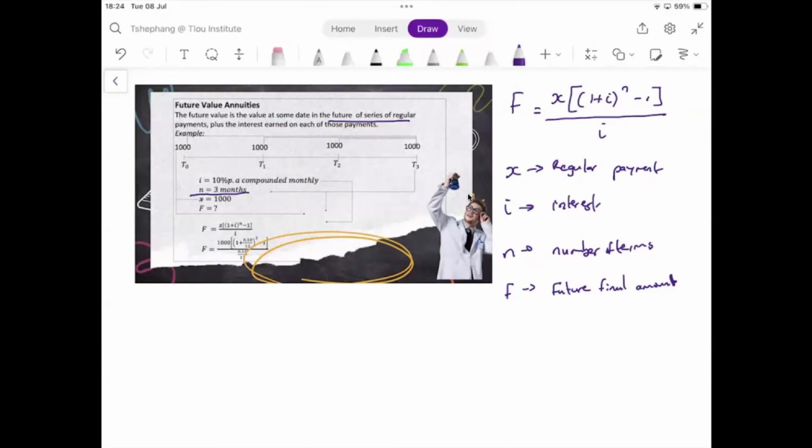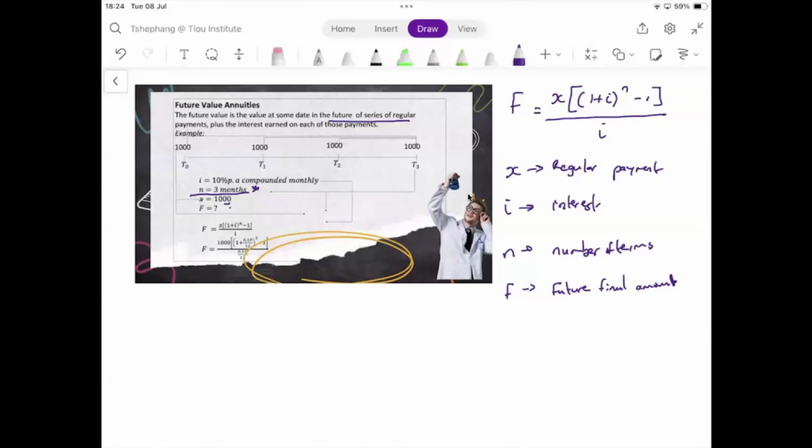These things are compounded monthly, right? Every single month we have a payment, and I'm considering it for 3 months. My x is 1,000 rands, and the interest rate in this account is 10% compounded monthly. And what we want is the final amount. How do we do that?